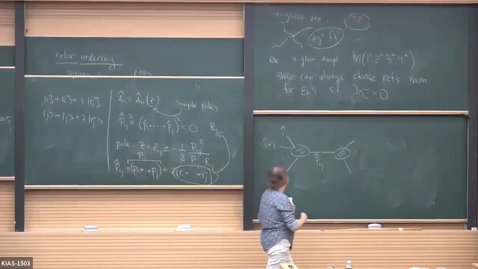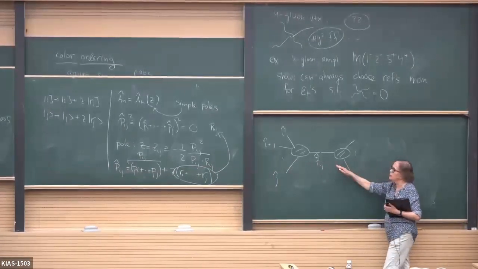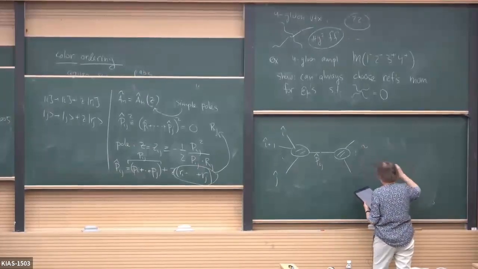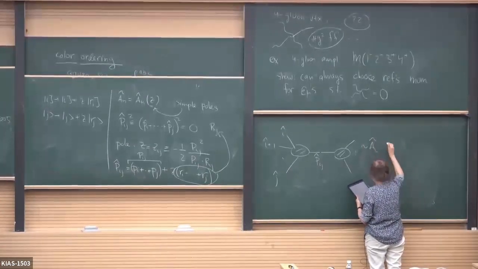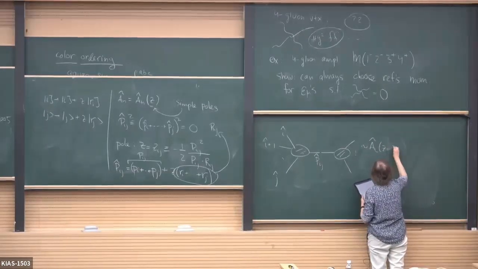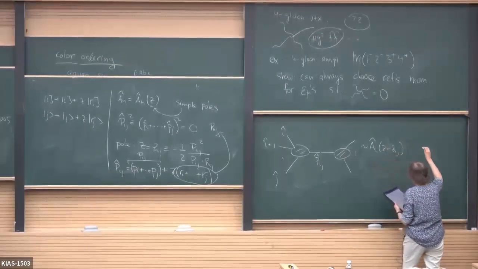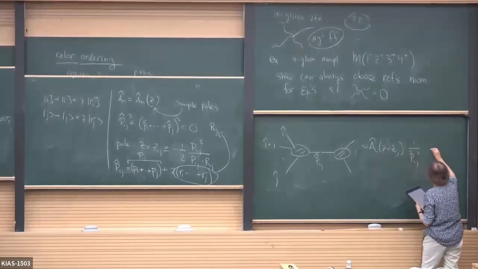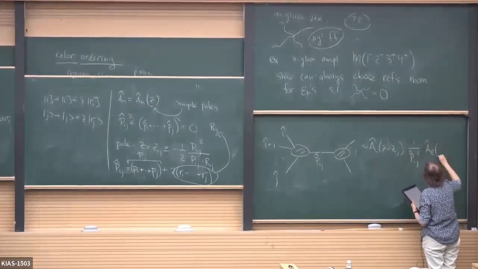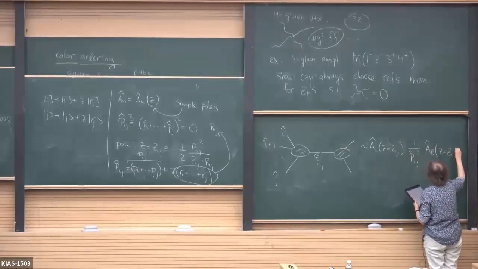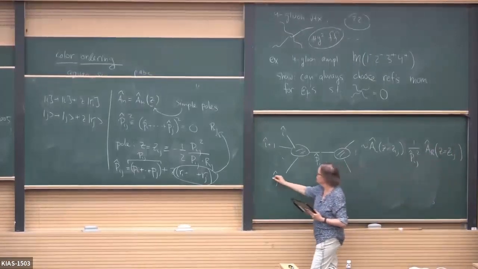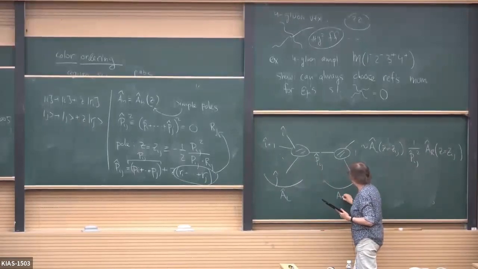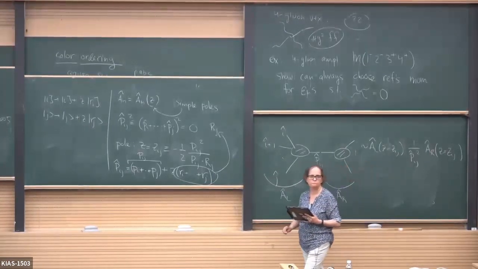Okay, so now working near this pole, we can write down the amplitude. We know that the amplitude is going to be equal to the amplitude on the left at z equals z_ij, times 1 over P_ij hat squared, times A_R at z equals z_ij. And this here is the left amplitude, and this here is the right amplitude.